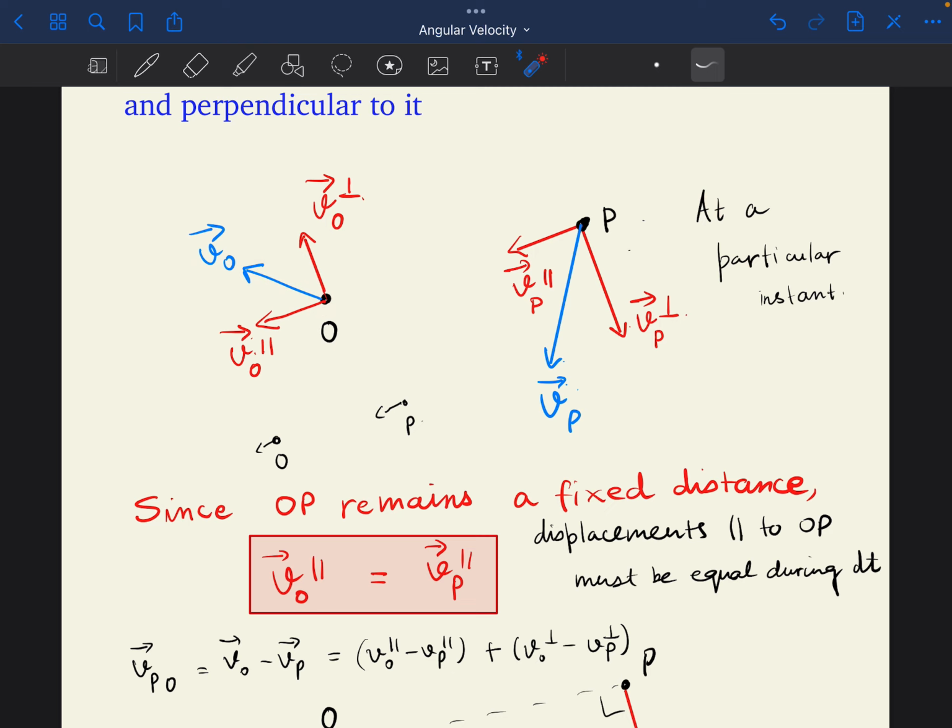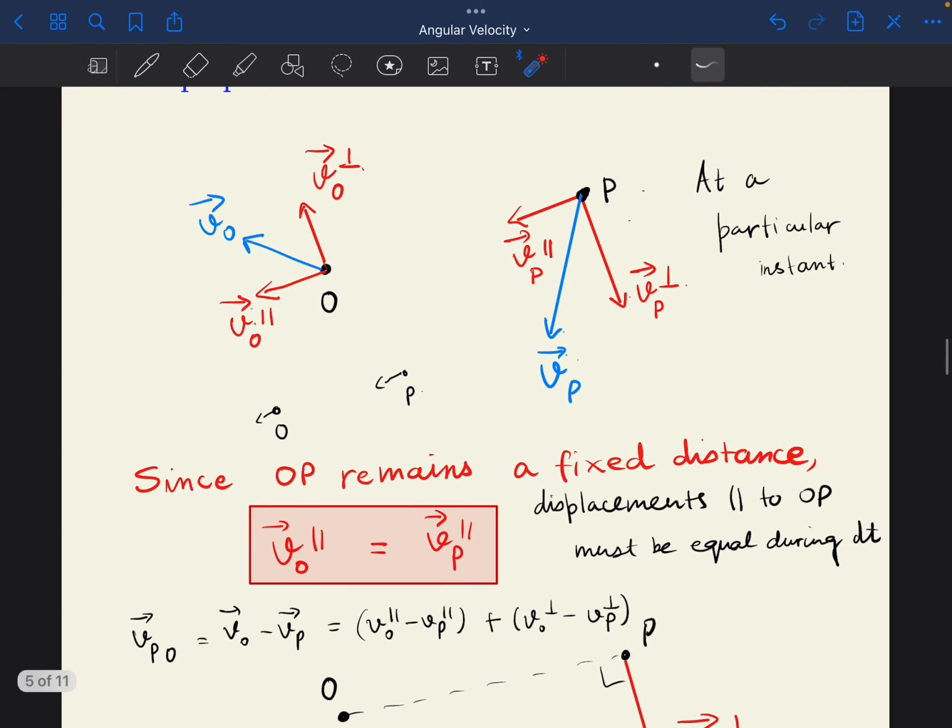For P to travel in a circular path about O, it has to travel purely perpendicular to the line OP. So as seen from the ground frame, P is not moving in a circular path around O, because O is also moving, P is also moving, in random directions.